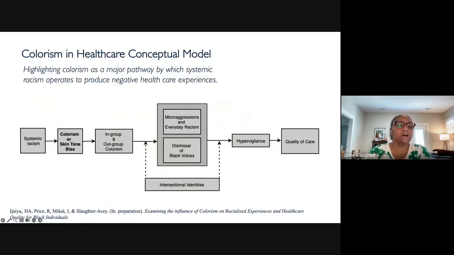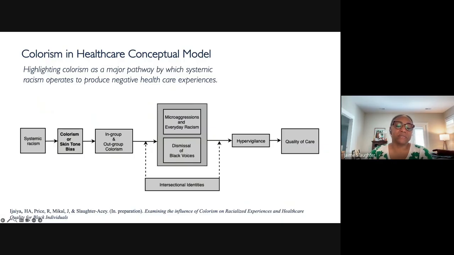And so based off of those themes, Habiba was able to develop this conceptual model, which she's called the Colorism in Healthcare Conceptual Model, that highlights the major pathways by which systemic racism operates through colorism, right, to affect people's healthcare experiences.